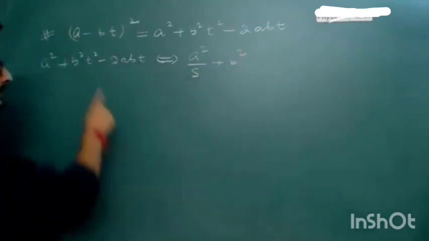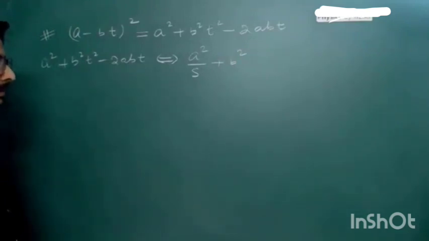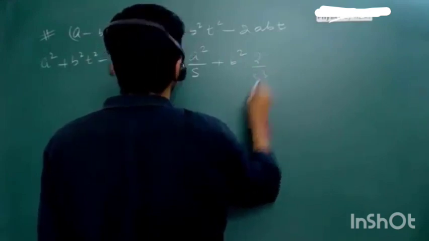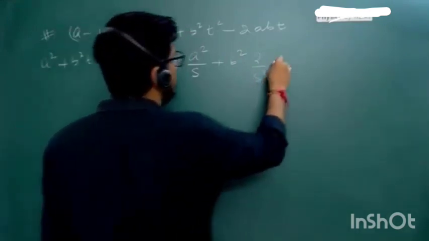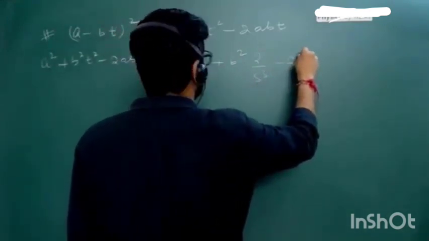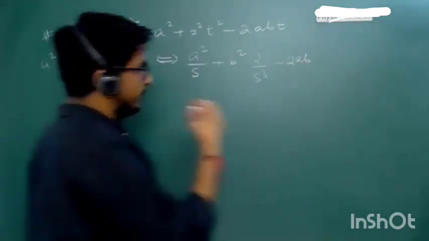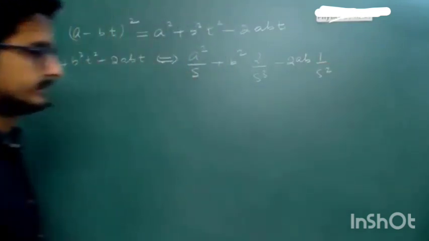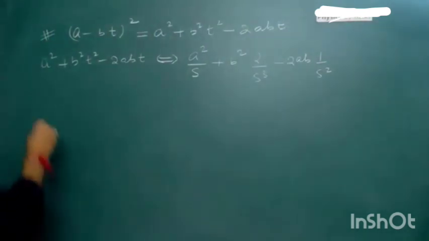What about t square? 2 by s cube. And what about t? 2abt, 1 by s square. So this is the Laplace of that. Next question.